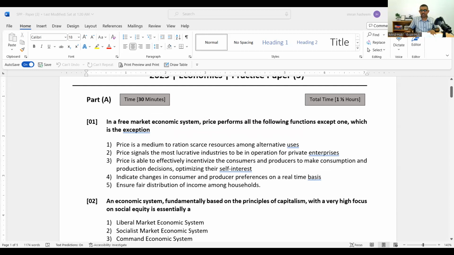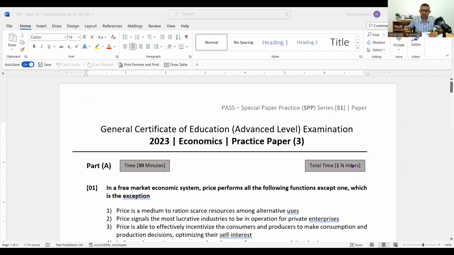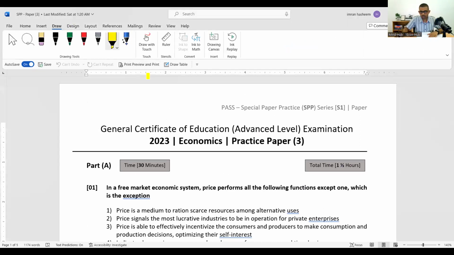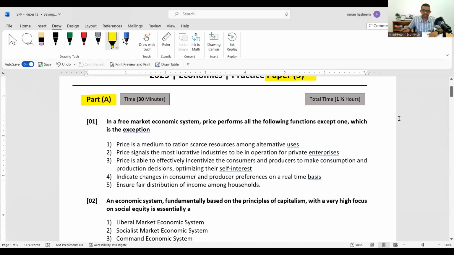If there is any technical issue with the audio or the video, you need to quickly let me know, then we can try to do whatever adjustment we can. So paper 3, we are starting with part A, the MCQ part, and let's go ahead with question 1.